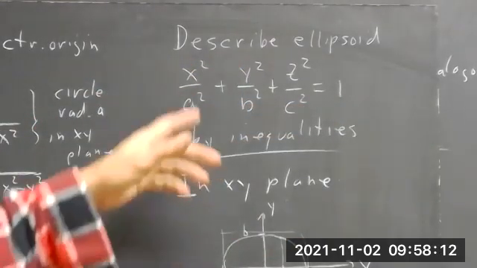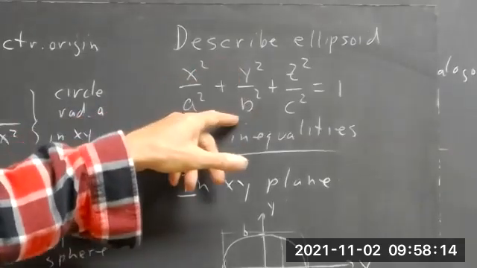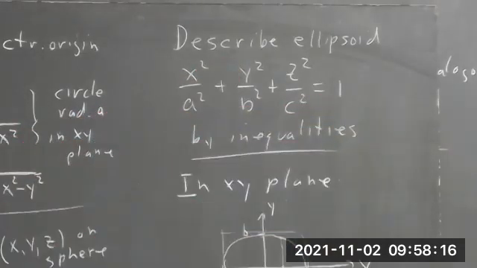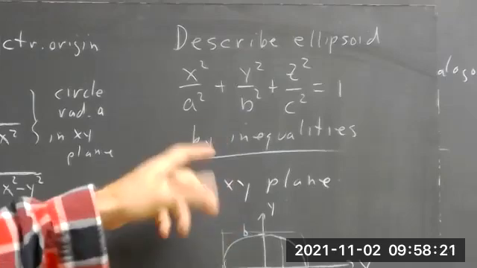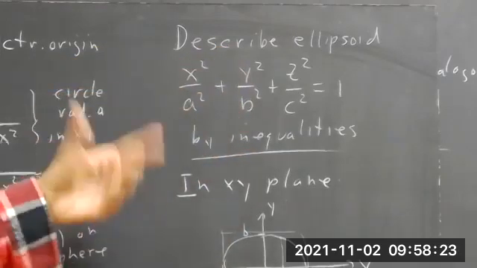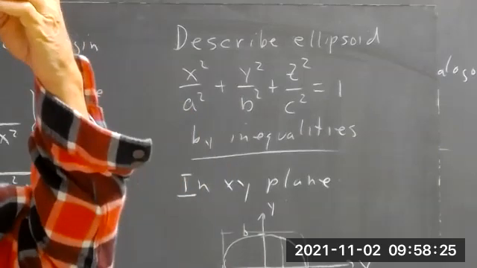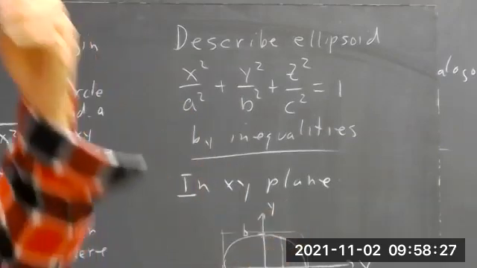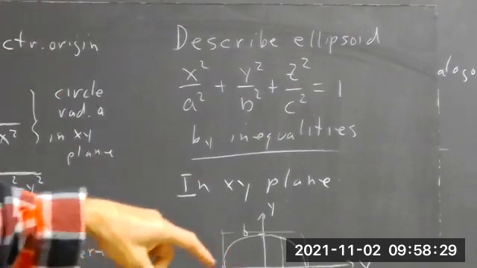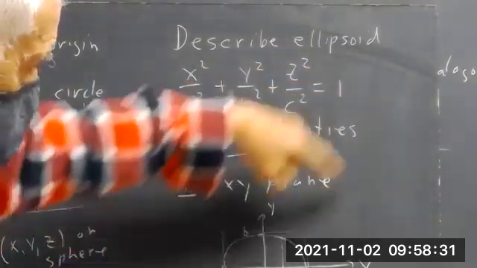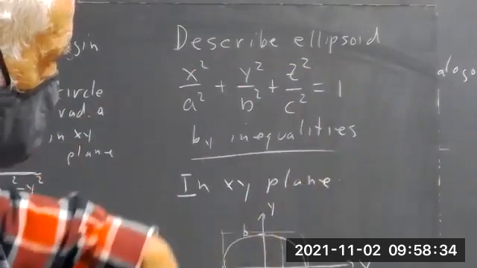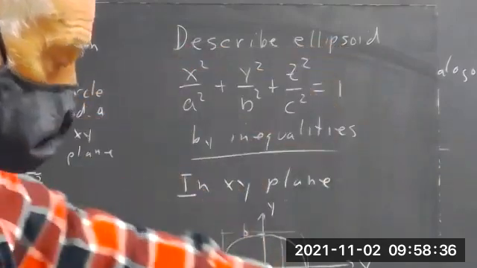And it would work also for X squared over A squared minus Y squared over B squared equals 1, which is a hyperbola. Or Y squared over B squared minus X squared over A squared equals 1, which is also a hyperbola. A hyperbola would have asymptotes at the diagonal lines in here.